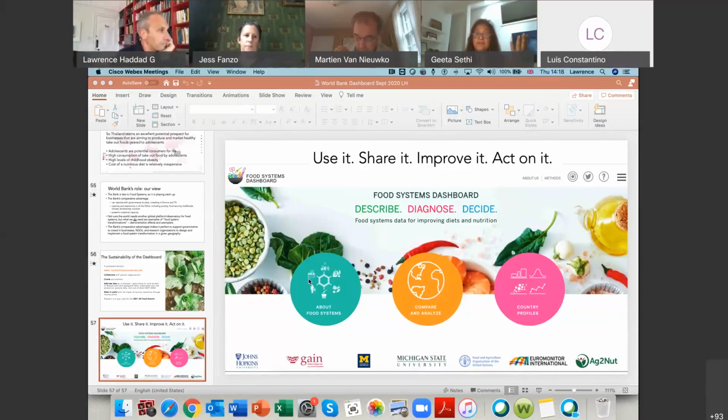Food Systems 2030. And as you all have alluded to, the important agenda is really at the national level to be able to customize important policy implications based on policy priorities for the countries.